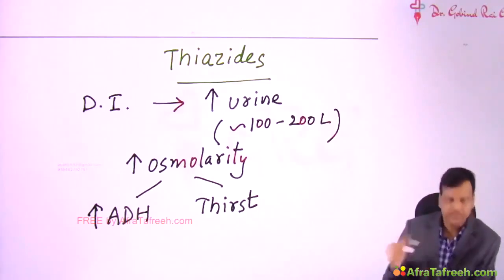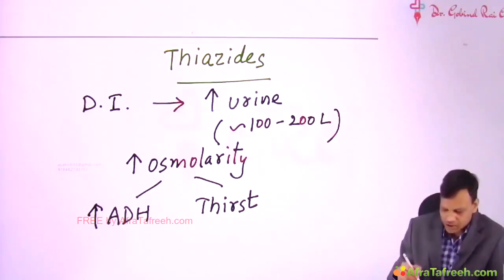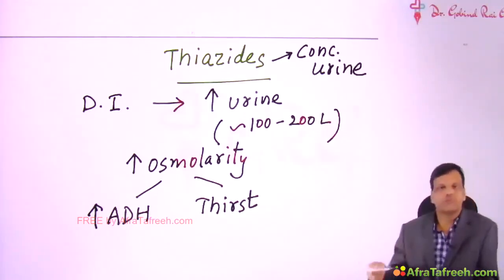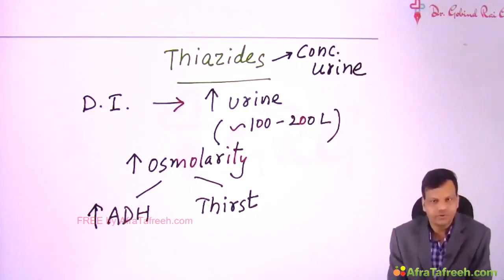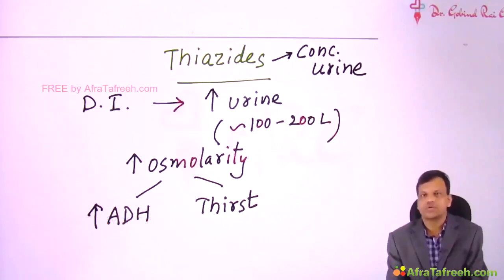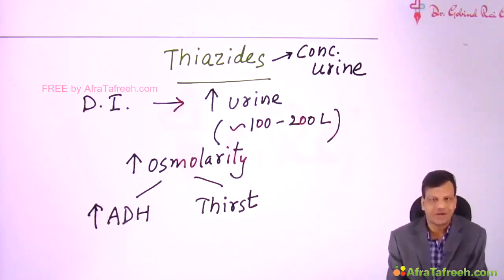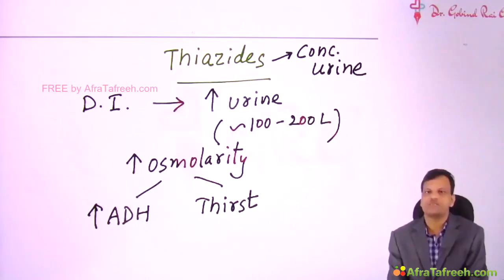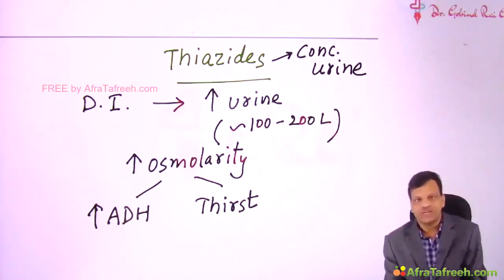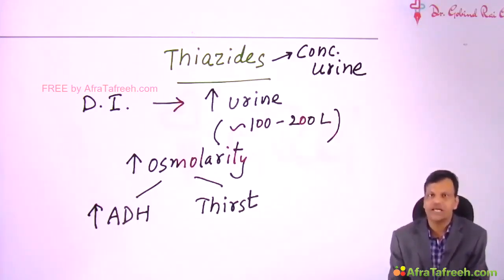Now what thiazide does is, thiazide causes excretion of concentrated urine. Remember, thiazide works on the distal tubule, and the distal tubule of the nephron is also known as the cortical diluting segment. That means the function of this part of the nephron is to dilute the urine. So when we inhibit this part, urine cannot be diluted.